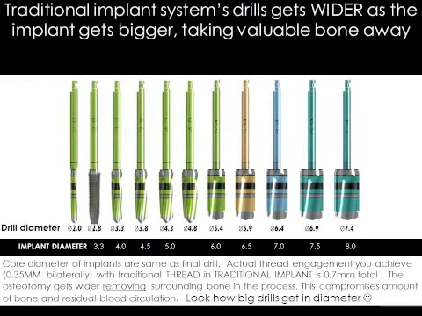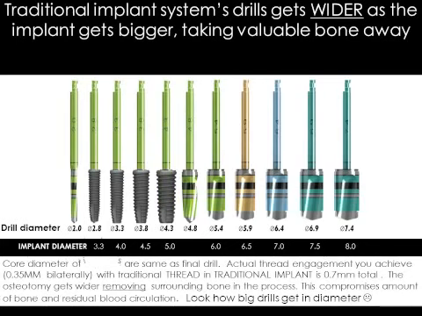Let's analyze the traditional implant system itself. You can see as the implant size gets bigger, your drill gets bigger. So what's that really doing? You're taking a lot of valuable bone away. As you take bone away, you're taking blood circulation away from the area. Thus, you have a lot of different types of cupping.